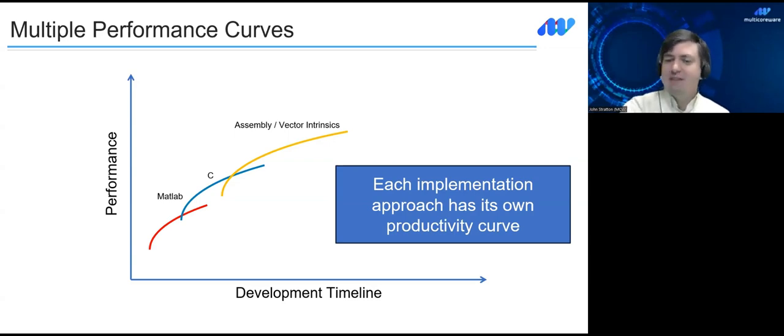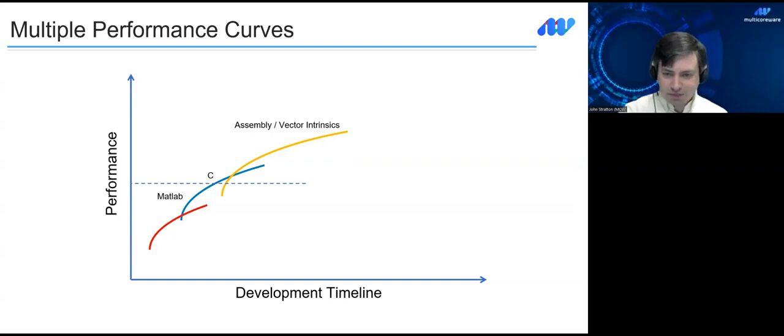That's kind of how we would approach it. And we use our professional experience to get a good sense of which curve is most likely to be able to get us to that performance target with a reasonable amount of development effort.